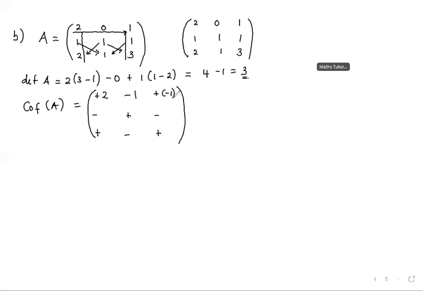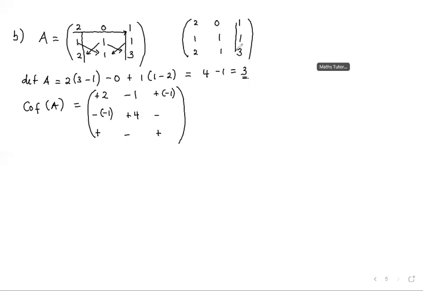And then come to this position now, cut this row and that column. Then we have 0 minus 1, that is negative 1. And then cancel this column and this row. Then you have 2 by 3, that is 6 minus 2, that is 4.